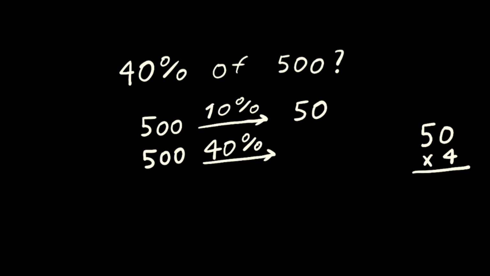Imagine if you have 4 $50 bills, you have basically 200. 4 times 0 is 0, and 4 times 5 is 20. So therefore, 40% of 500 is 200, and if you multiply 500 by 0.4, this will also give you 200 as well.